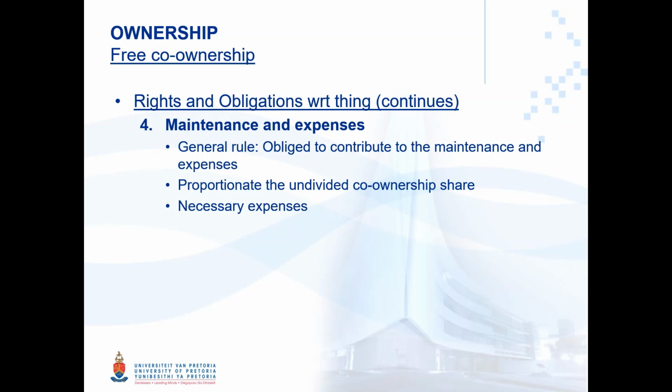You need to be able to know and apply these tests here in this context and know in which circumstances a co-owner will be able to contribute towards expenses incurred in terms of the co-owned property. Also, see the obiter remarks made by the court in the Erasmus case about the applicant's liability proportionate to his or her co-ownership share regarding the expenses incurred for the mining of the coal.